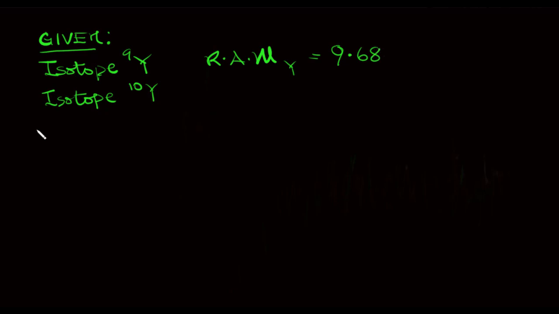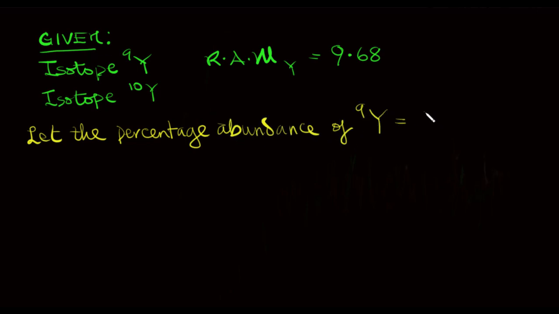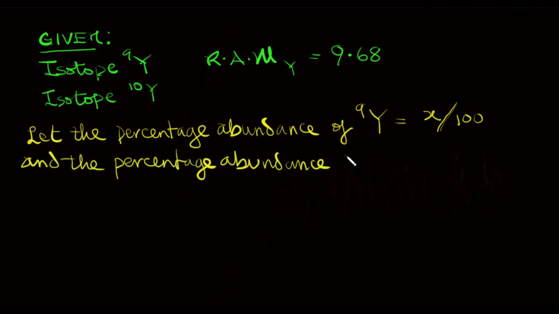Since we are asked to find or determine the percentage abundance of these isotopes, we are going to assign unknown values as their relative abundance. We are doing this because since the element is made up of only two isotopes, the sum of the percentage abundances must be equal to 100%. So if one is x, then the other one is going to be 100 minus x percent.